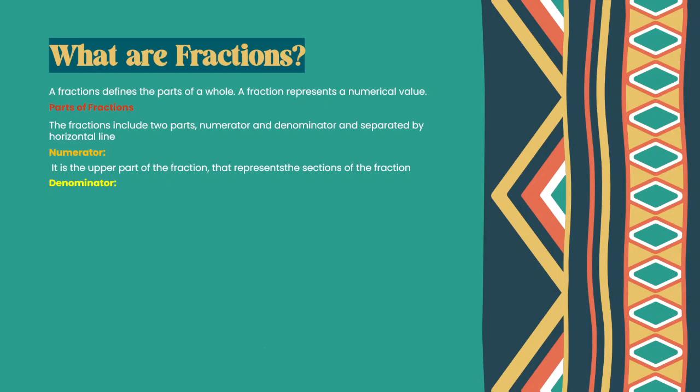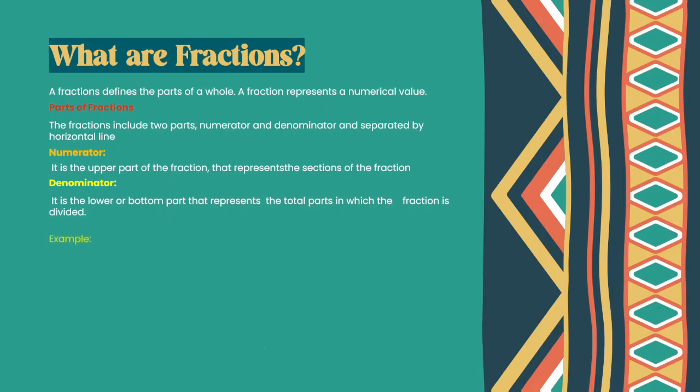How many equal parts are made from the whole thing? The denominator is the lower part of the horizontal line and the numerator is the upper part of the horizontal line.